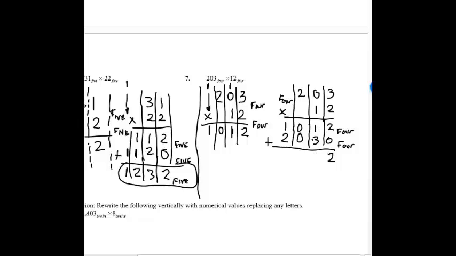Well, it's 4 or higher, so I have to carry. What's left over? 0. 1 plus 0 plus 0 is 1. 1 plus 2 is 3. Making our final answer 3102, base 4.